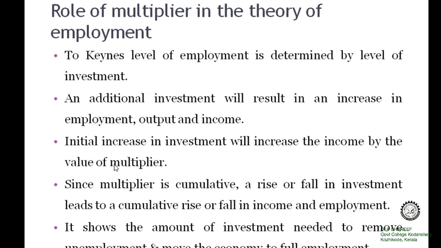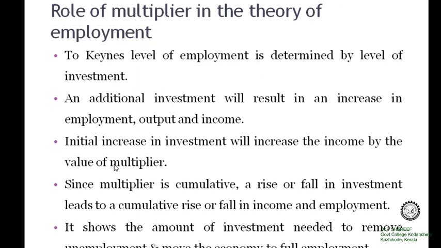Since effective demand consists of aggregate demand function and aggregate supply function, and in the short period aggregate supply function is stable, Keynes gave more importance to aggregate demand in the determination of the level of employment in the economy.